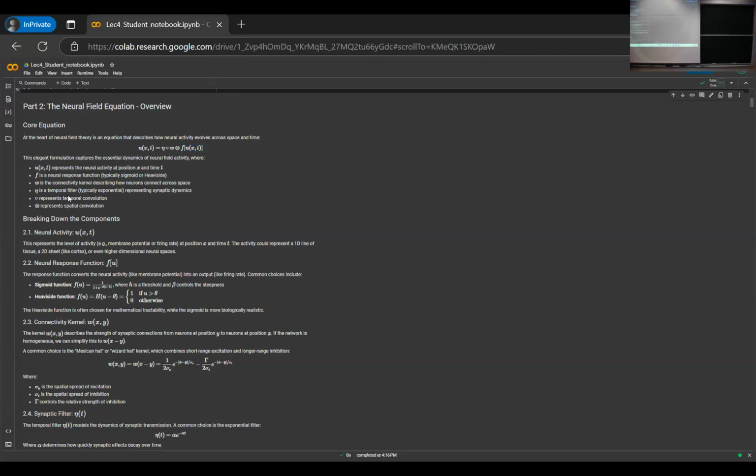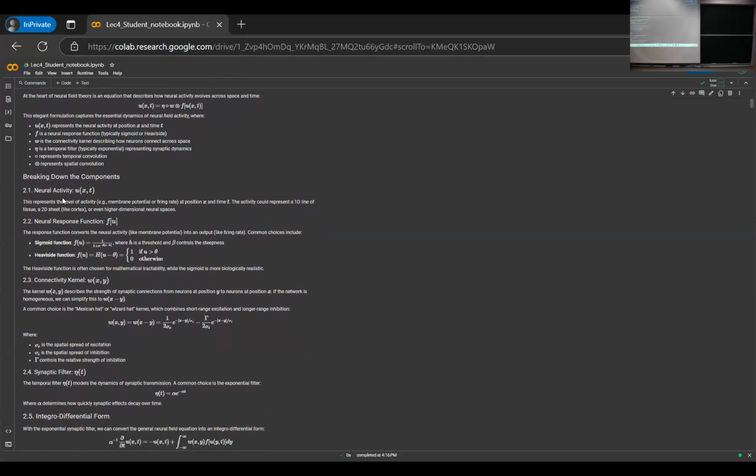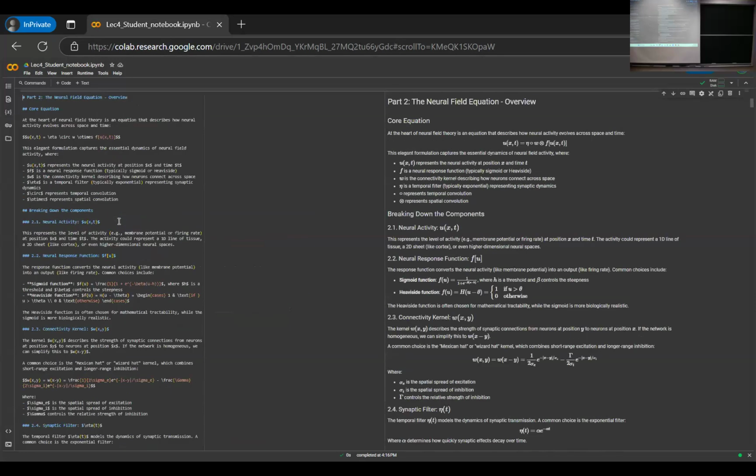So again, u represents the neural activity, so you can think of it as the membrane potential, or the voltage, and the neural response function is, again, if you remember from lecture 2, I think we had a sigmoid function which translated our membrane voltage to firing rate.